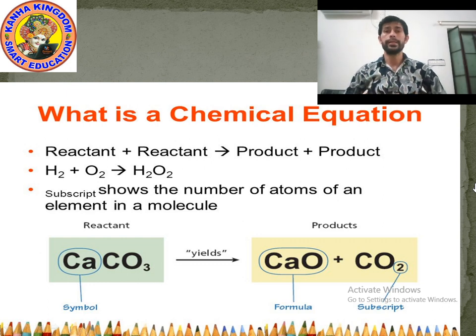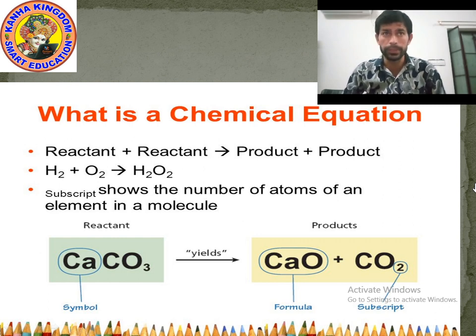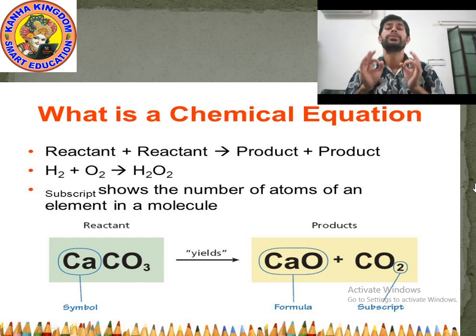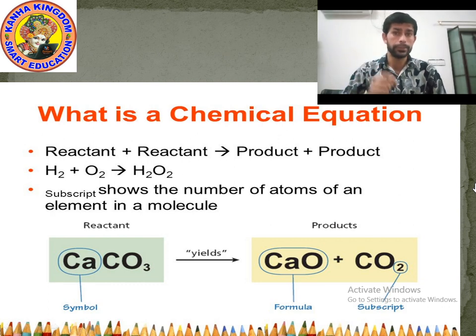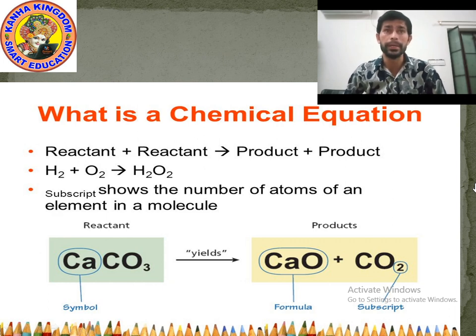So what is a chemical equation? When one reactant reacts with another reactant and a new product is formed. You can see reactant plus reactant, we are getting product. Okay, you can see a reaction which is written CaCO3. CaCO3 means calcium carbonate. Do you remember I told you calcium carbonate is marble? This is the chemical formula of marble.